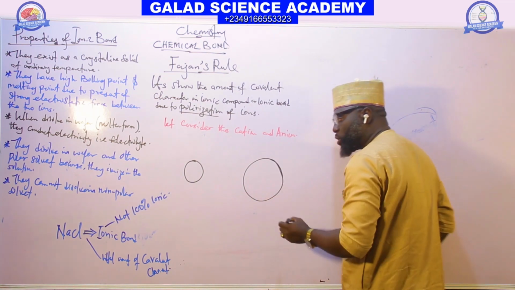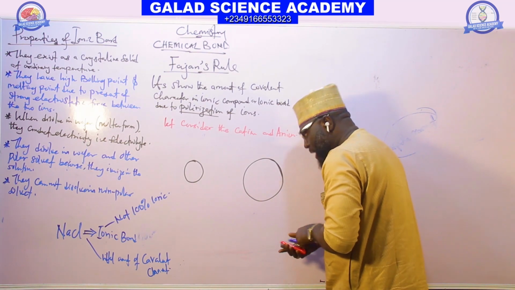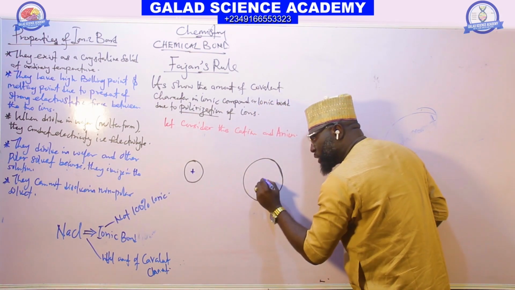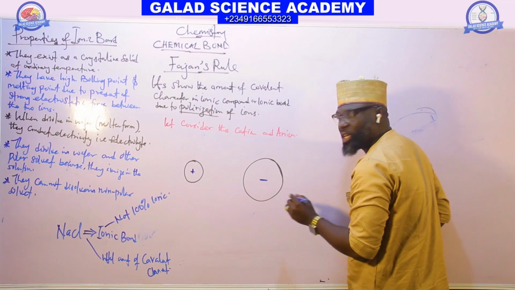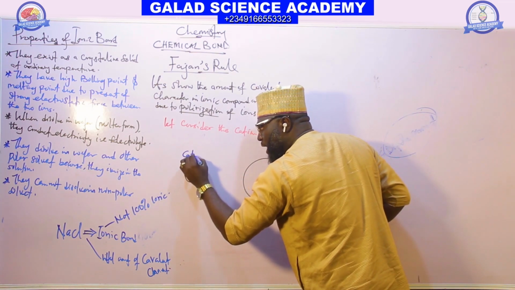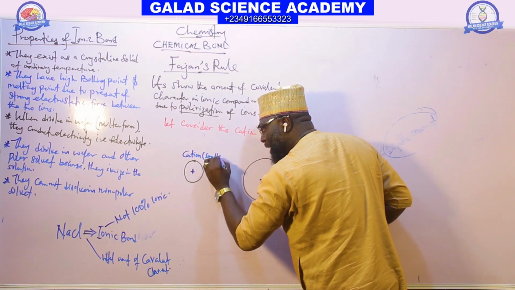The cation contains a positive charge, and the anion contains a negative charge. But the cation has a small size, and the anion has a big size.